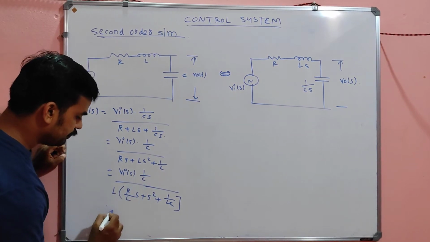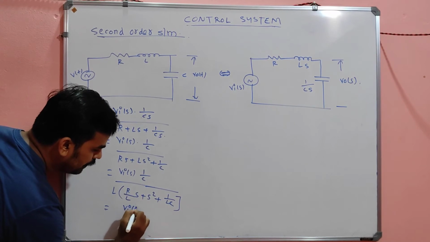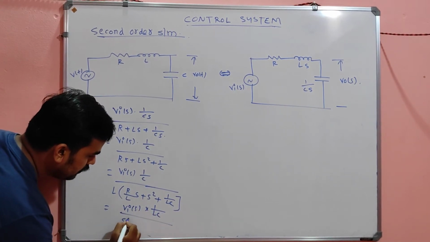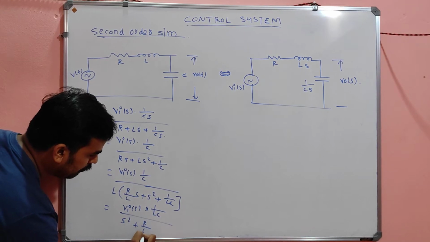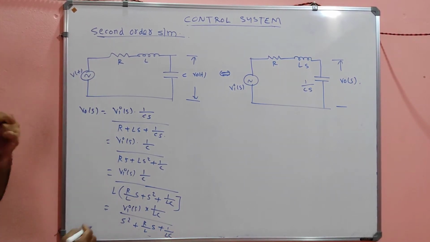So it will become VA of S into 1 by LC whole divided by S square plus R by L S plus 1 by LC. Okay?